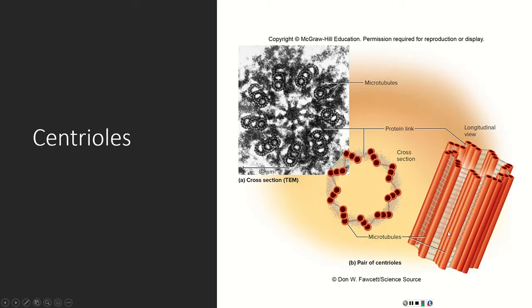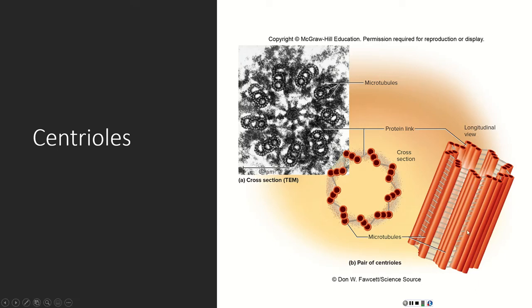We didn't really know what they did, so we did some experiments, and we took the centrioles out of the centrosome. And we watched to see, okay, if we take these out, let's watch to see what stops happening. That way we'll know what their job is. Well, the weird thing was, nothing changed. It appears as though the centrioles inside the centrosome don't do anything at all, because when we remove them, nothing changes.